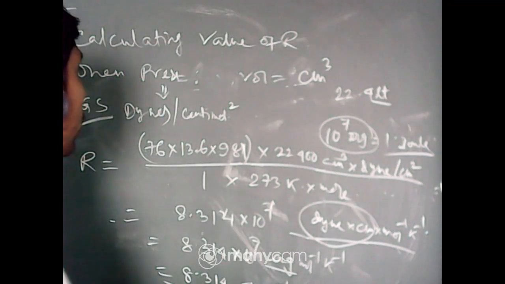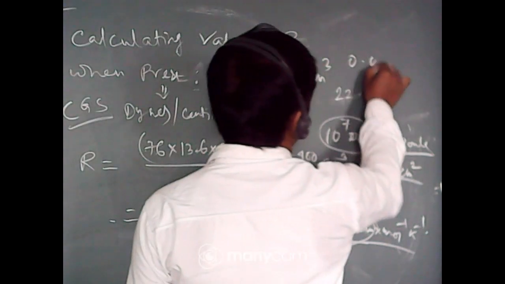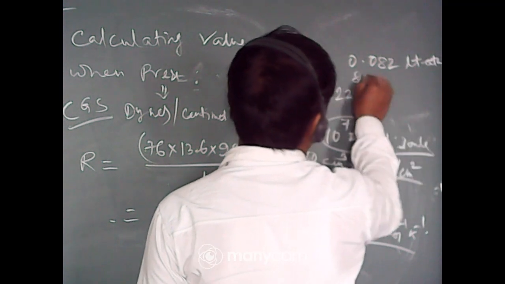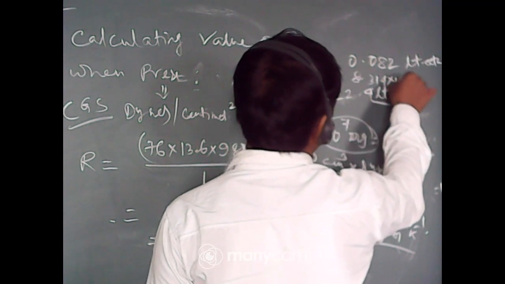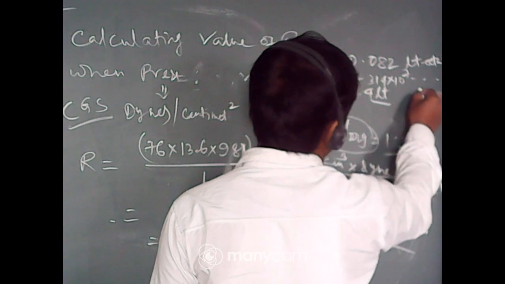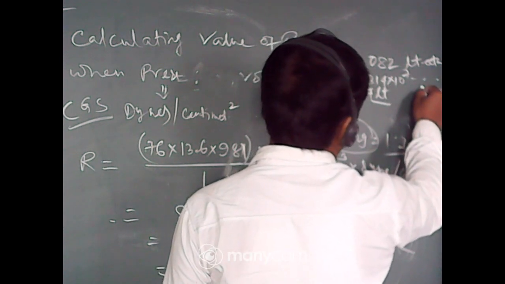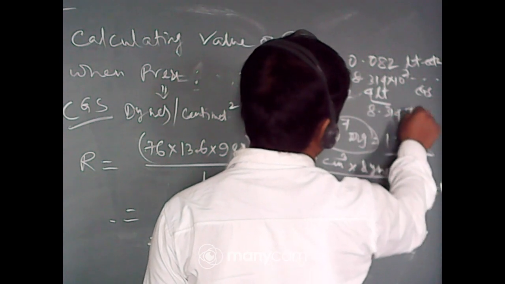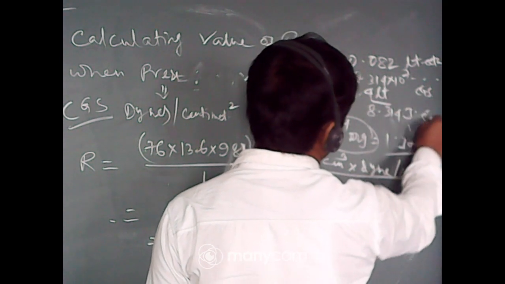So 0.082, it is in liter atmosphere unit, 8.314 into 10 to the power 7, it is in the CGS unit, and 8.314 joule Kelvin inverse mole inverse, it is in the SI unit.